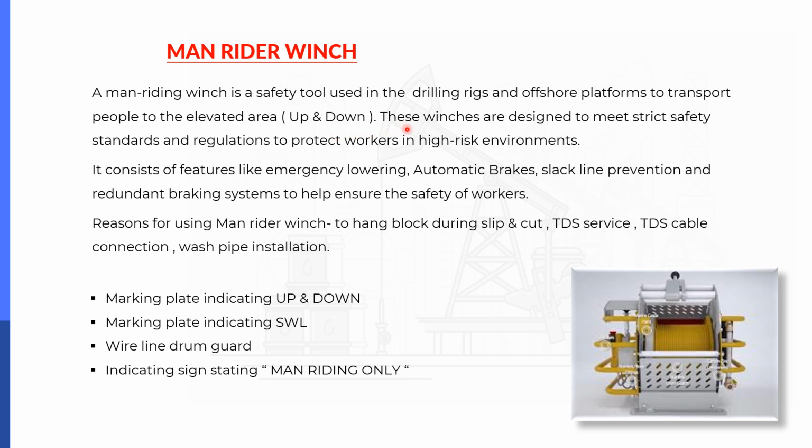These winches are designed to meet strict safety standards and regulations to protect workers in high-risk environments. It consists of features like emergency lowering, automatic brakes, slack line prevention, and a redundant braking system to help ensure the safety of the workers.